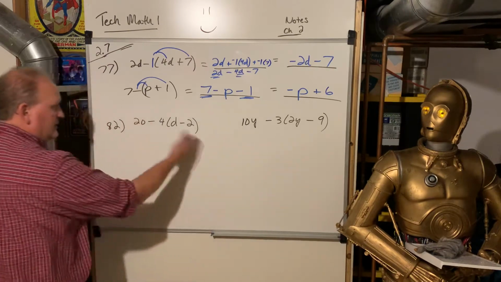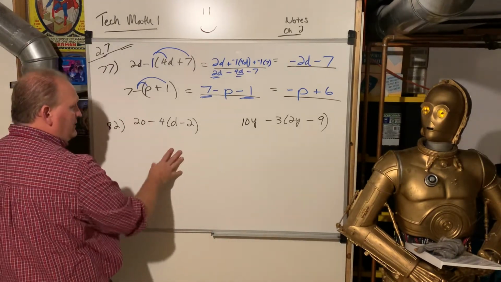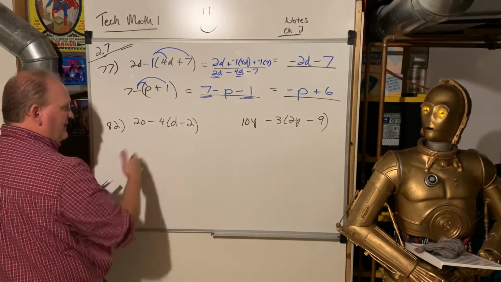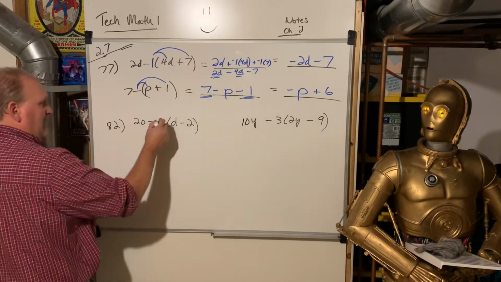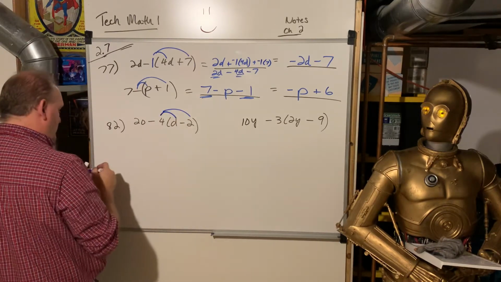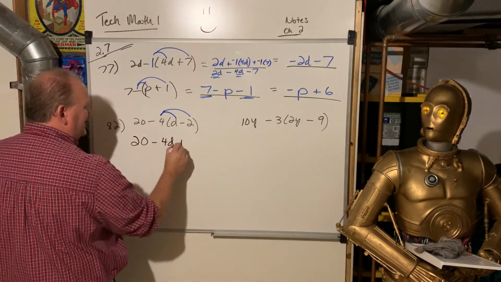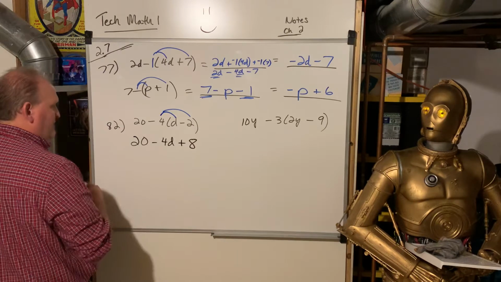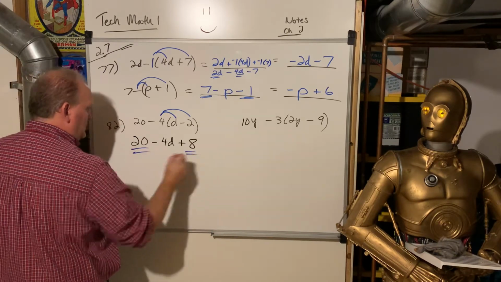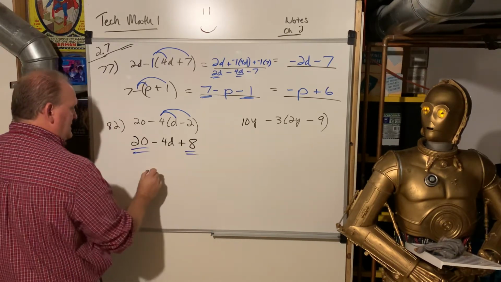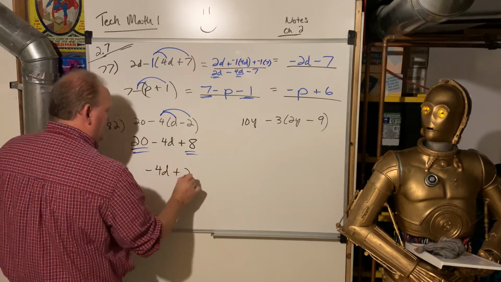All right, let's do these. Again, we are not solving equations here. We're just simplifying expressions. So we're going to take -4 times both of those, 20 minus 4d plus 8, and then combine up the like terms. So that's -4d plus 28.